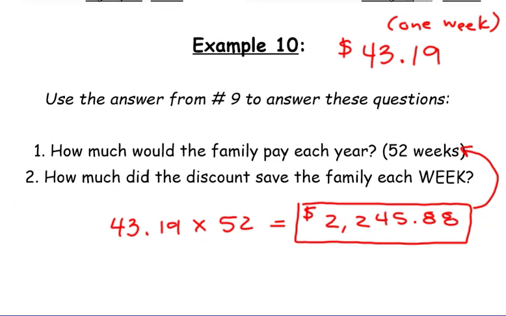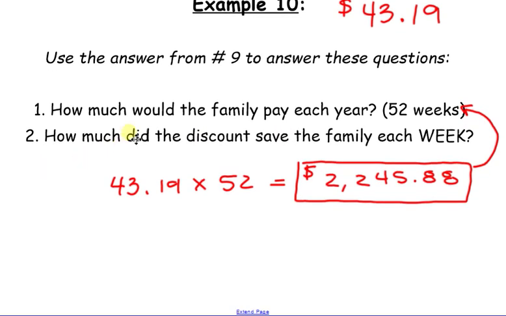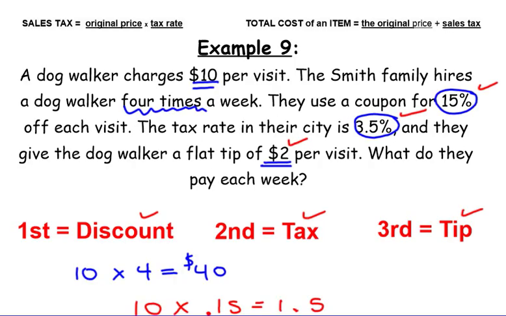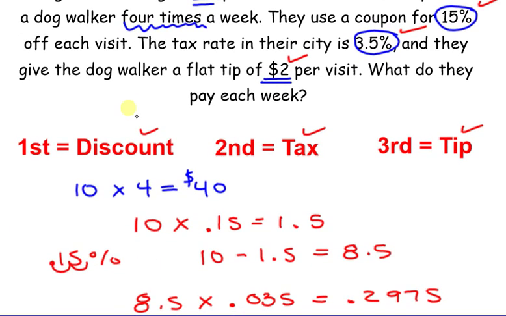The second question is a little bit more complicated. How much did the discount save the family each week? I need to go back to number 9. Where is my discount? Well, I did my discount first. So my discount was 15%, meaning that I saved $1.50 per visit.